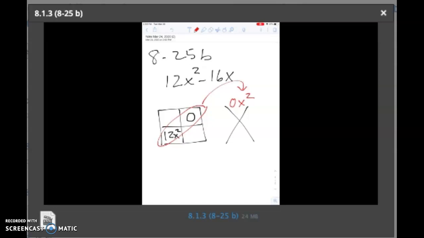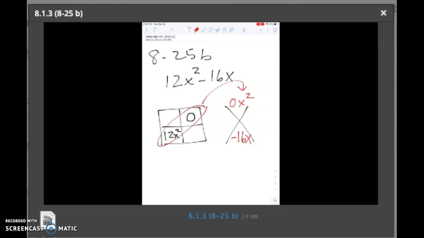And then I know that the bottom of my diamond is the number of x terms I have. So going back to my original expression, the 12x squared minus 16x's, I have negative 16x's. And now I'm thinking, what are those factors that multiply to give me 0x squared and add up to give me negative 16x's?